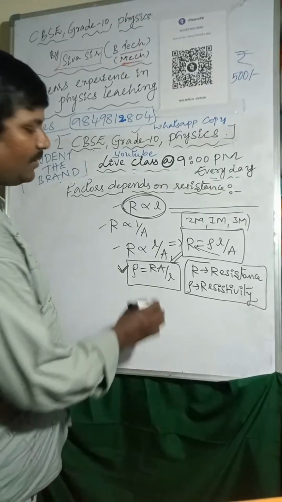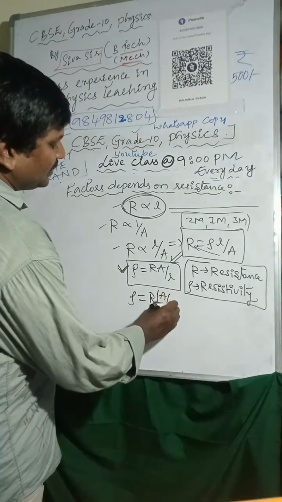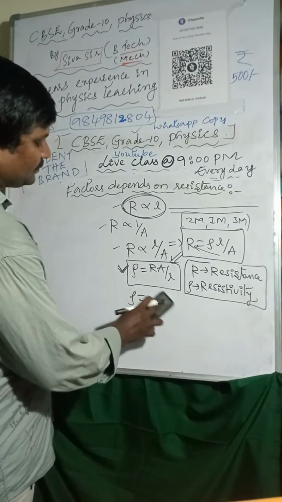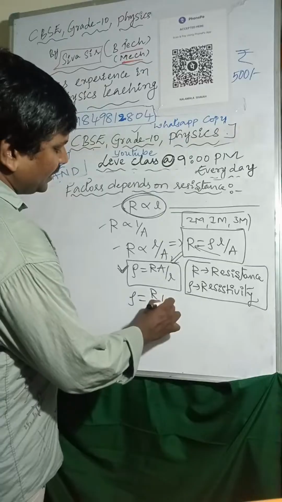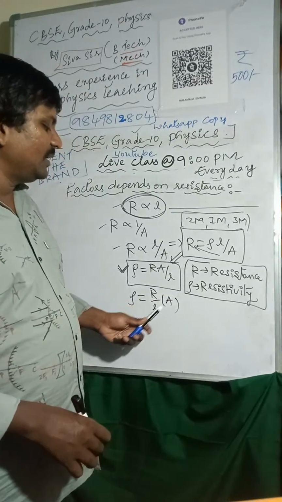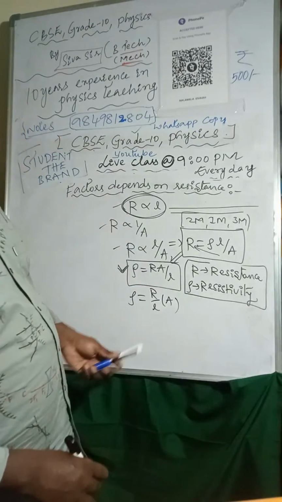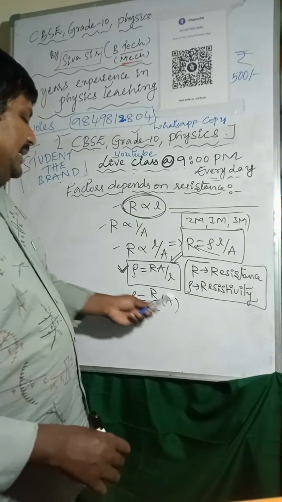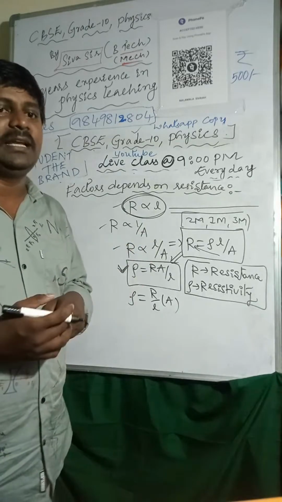So we can take rho equal to R into A by L, that is, R by L into A. So resistivity is the resistance of the conductor per unit length and unit cross-sectional area. We can define it just by seeing the formula and understand the definition of resistivity. Resistance we know directly: the phenomenon of opposing the electric current.